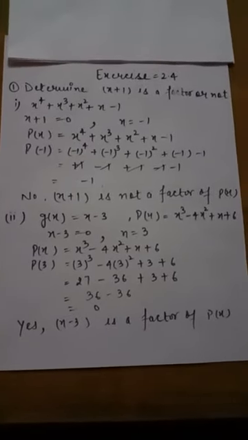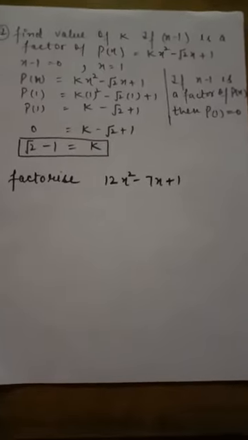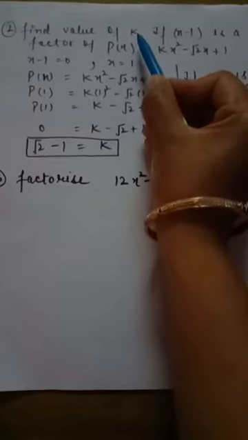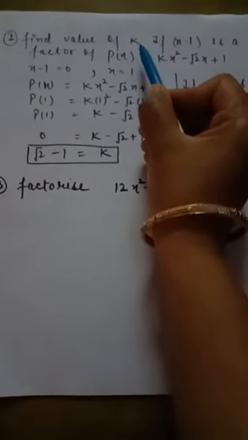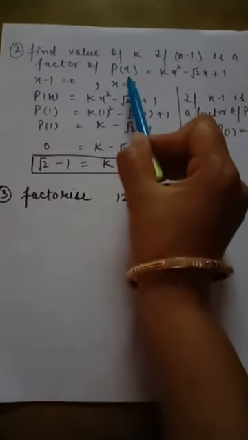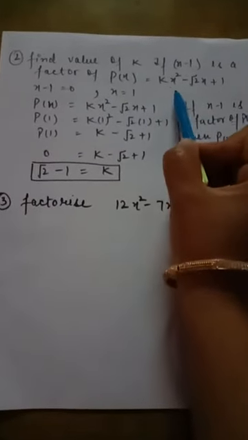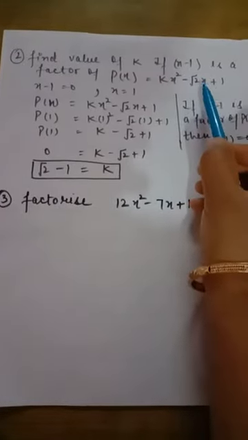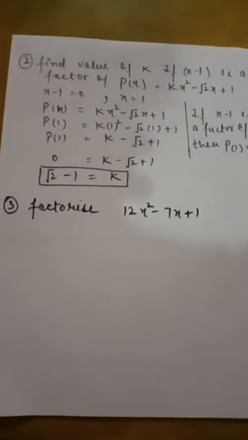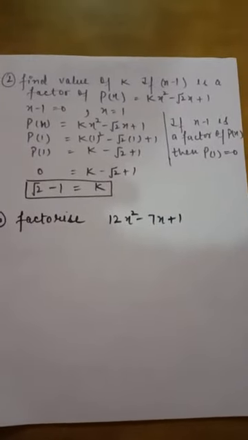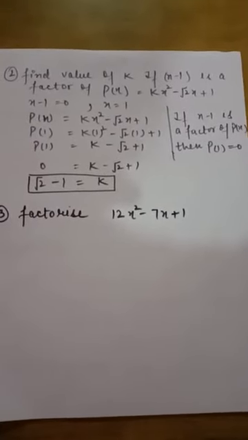In another question which is also present in this exercise, we have to find the value of k. It means any constant. Find the value of k if x minus 1 is a factor of p(x), and kx square minus root 2 x plus 1 is the given polynomial. Now in this question we don't have any proof.